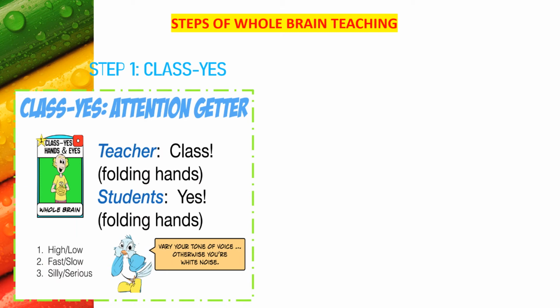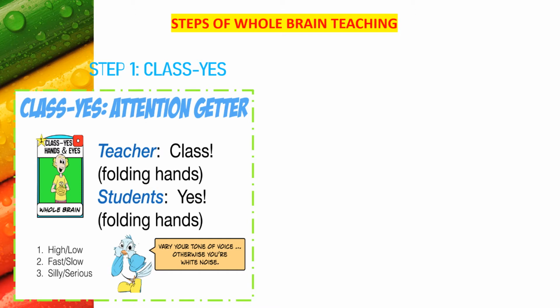As you all know, the whole brain learning classroom or teaching classroom is not the usual classroom. It is somewhat different from the normal classroom. So first, the introduction of the class or beginning of the class starts with an attention getter.